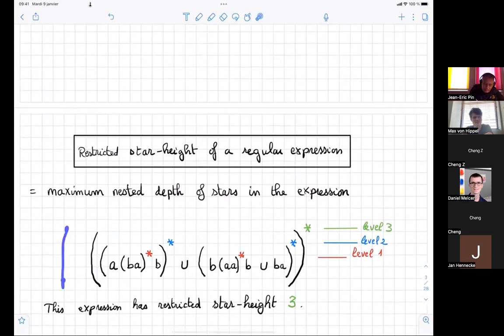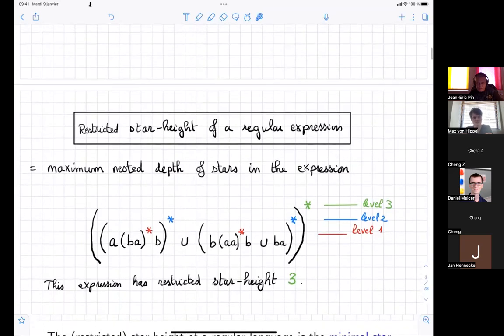You see, this is a regular expression. You see some union, product, and star, and you see some labels. The red labels, which I call level 1, the blue labels, which I call level 2, and the green label, which is level 3. And so this expression has restricted star height 3, because the maximum nested depth of stars in this expression is 3. I don't want to make this definition formal, but I hope you see what it means on this example. Is that clear also?